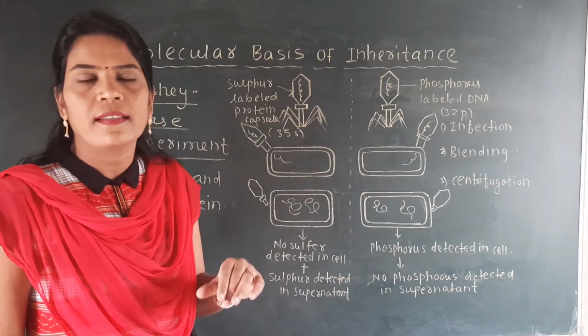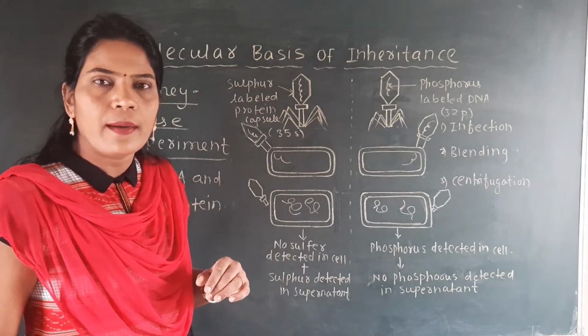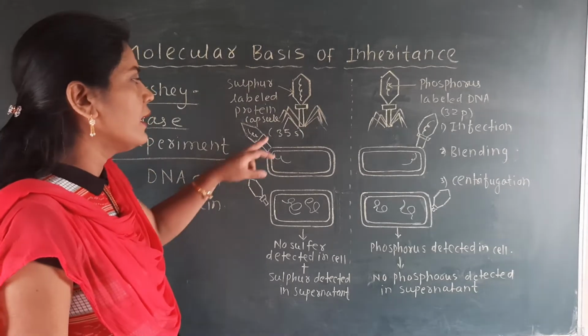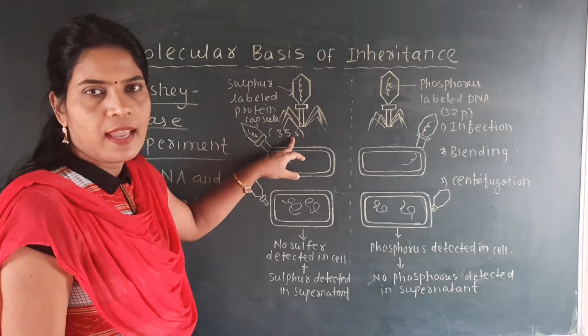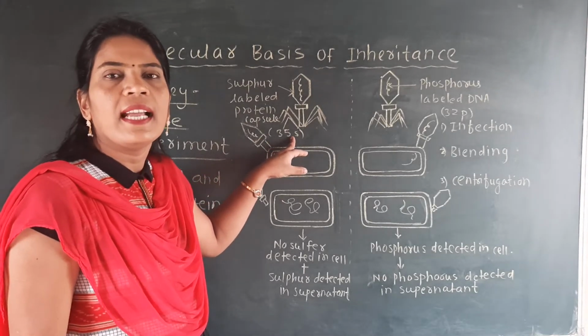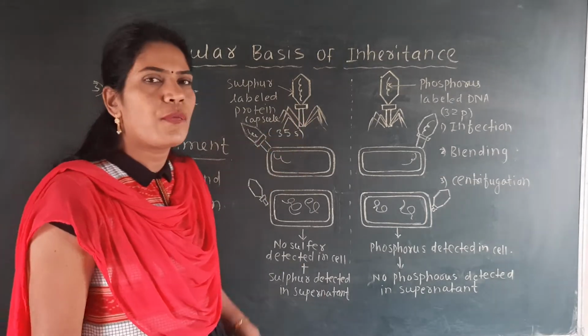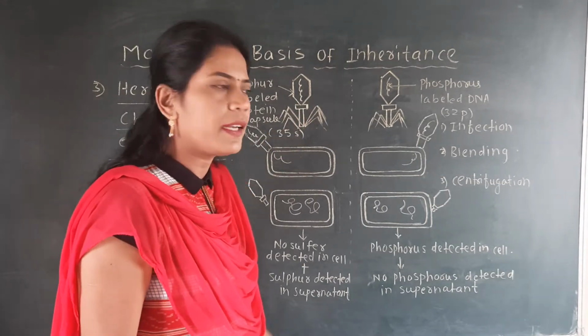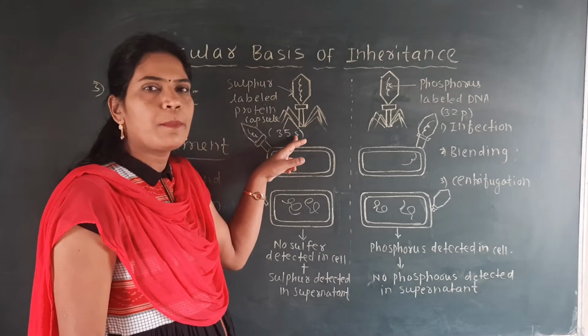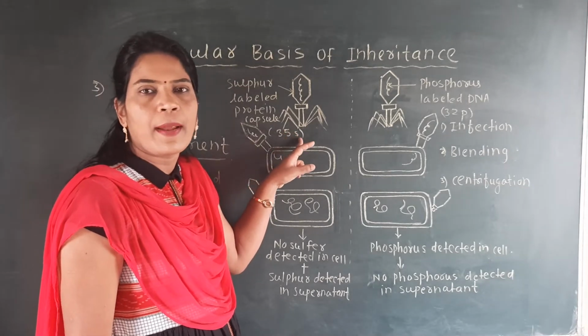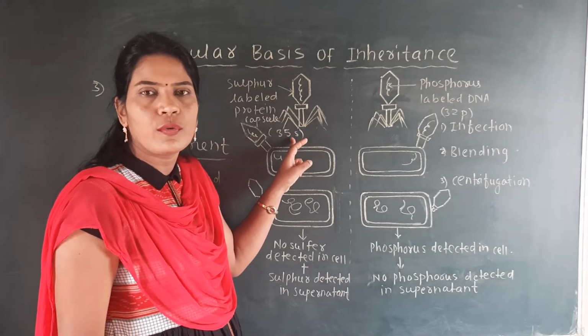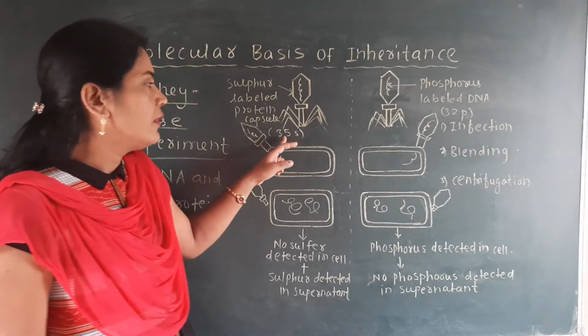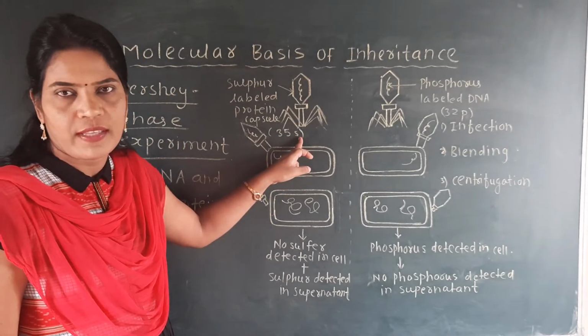Some viruses he grew in a medium which contains sulfur, and so he labeled the bacteriophage or the viruses which grew in the sulfur medium as the 35S bacteriophage.